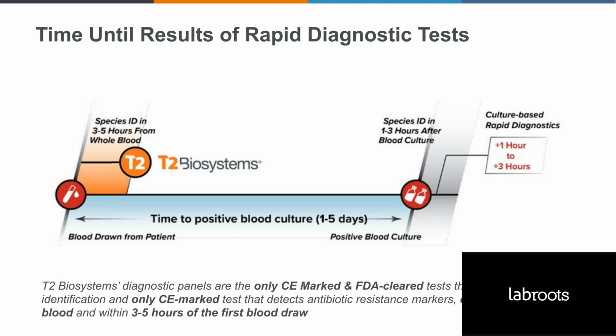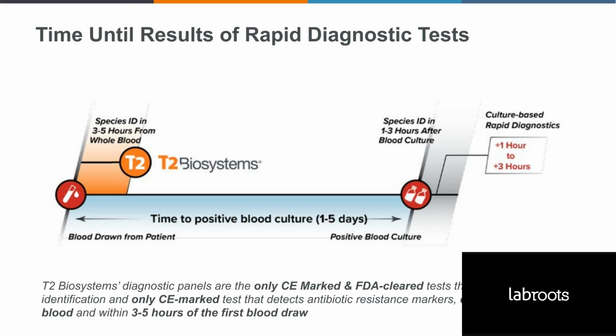These cannot be leveraged until culture becomes positive and cannot be utilized in cases of culture-negative sepsis. Culture-negative sepsis is a common clinical concern where the patient appears septic with a lack of pathogen growth on culture. And the non-culture based tests are not reliant on culture positivity or influenced by antibiotic intake prior to the test.